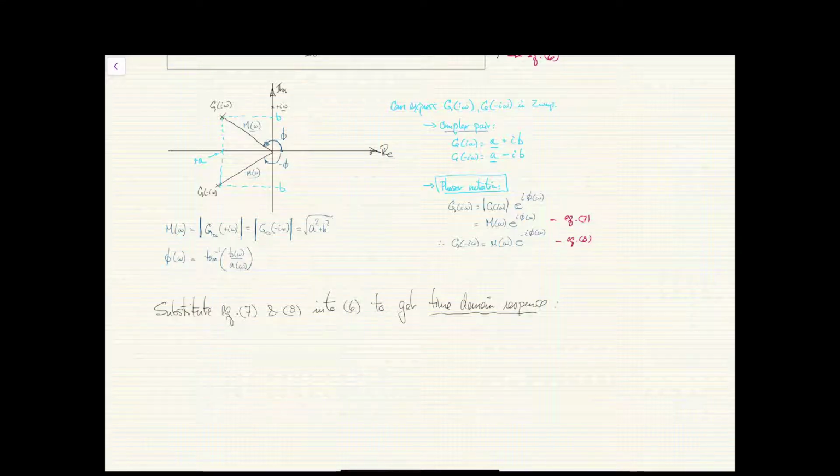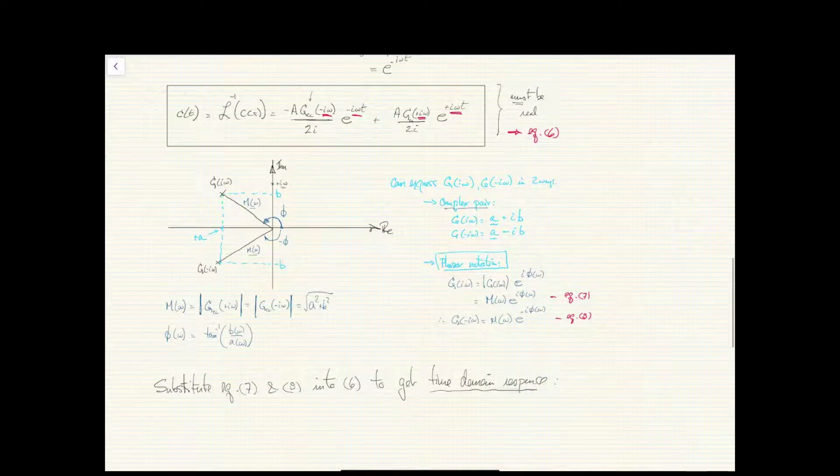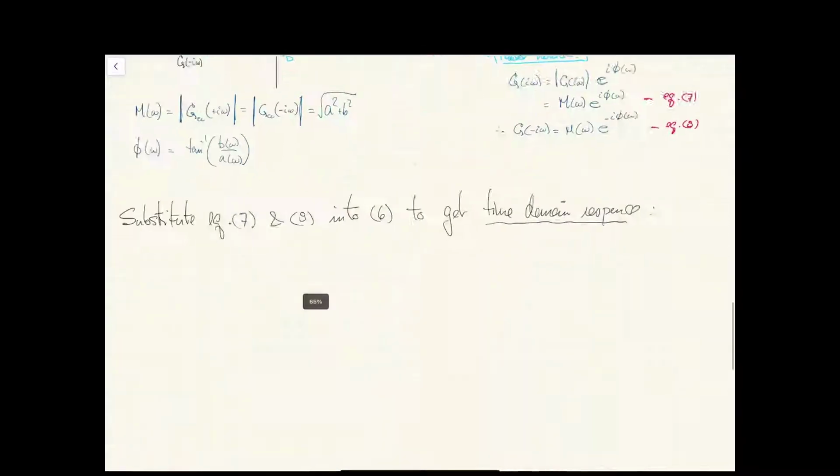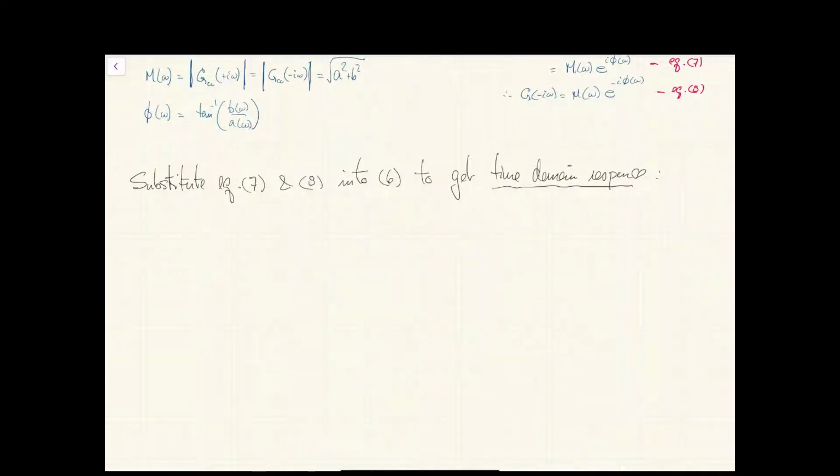Okay, and we're going to have c of t is equal to our new value of the function evaluated at plus I omega and minus I omega. So c of t is equal to minus a times g closed loop evaluated at plus I omega, which is m omega.